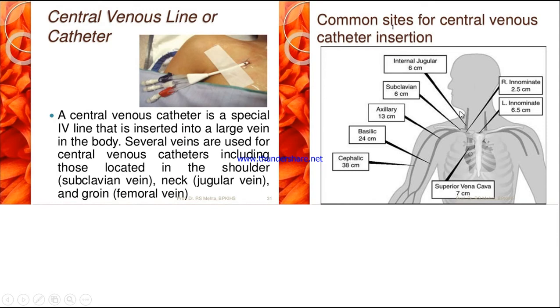We have the internal jugular vein in the neck portion, subclavian vein in the shoulders, axillary vein, basilic vein, cephalic vein, superior vena cava, then left innominate, right innominate, and the femoral vein in the groin.